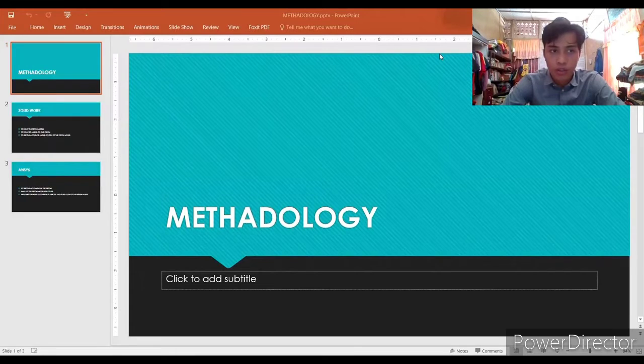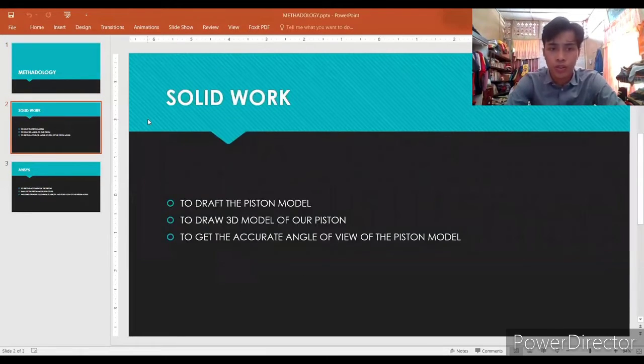The software we use to draw is SolidWorks. We use SolidWorks to draft the piston model, to draw the 3D model of our piston. SolidWorks we also use to get the accurate angle of view of the piston.